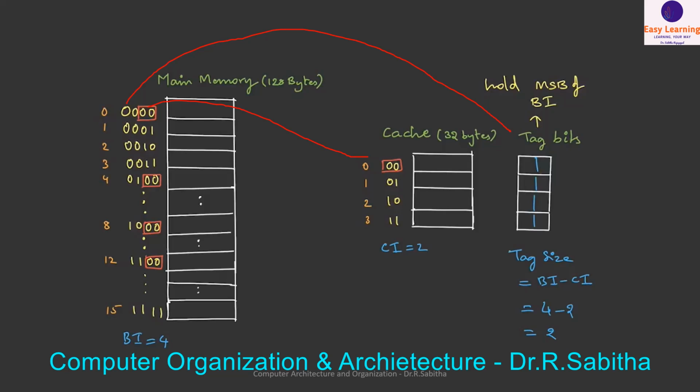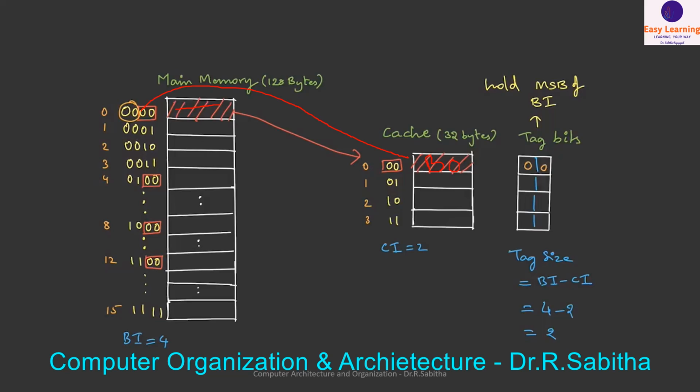So if I am going to place block 0 here, the block 0 index is 0000. Because the least significant bits are 00, we are going to place the block in cache line 0. So this corresponding full block is transferred to cache line 0.